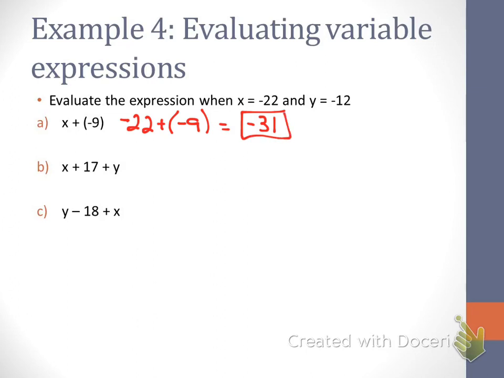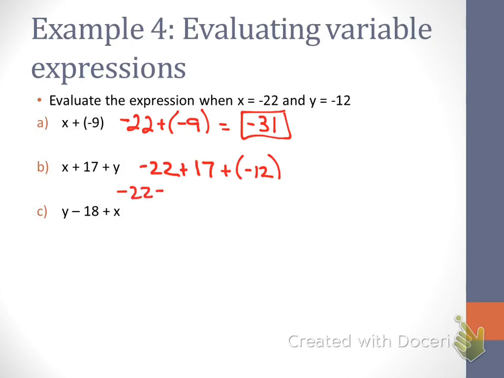All right, now I'm going to make my substitutions on B, and I have negative 22 plus 17 plus negative 12. Now, could I rewrite this without my double sign? Yes, I sure could. I could just say minus 12. All right, now I want to group my negatives together.